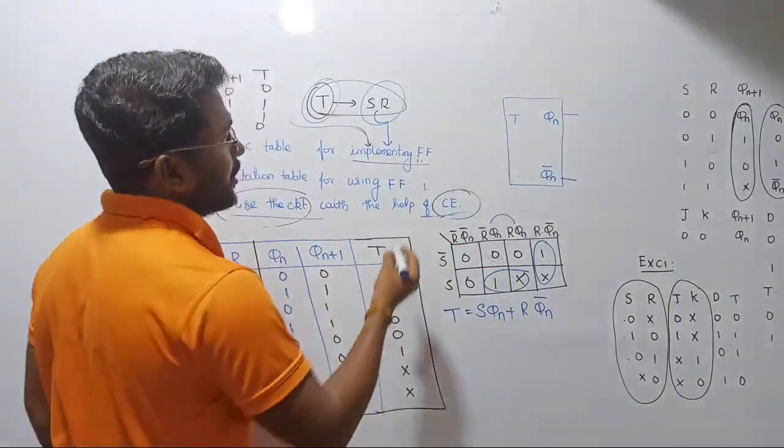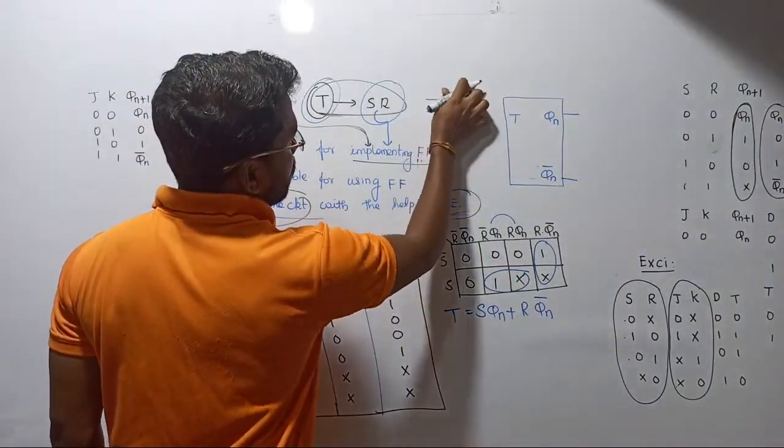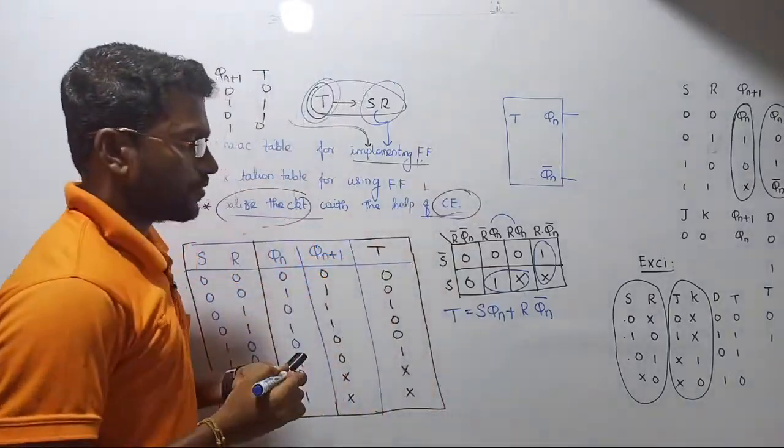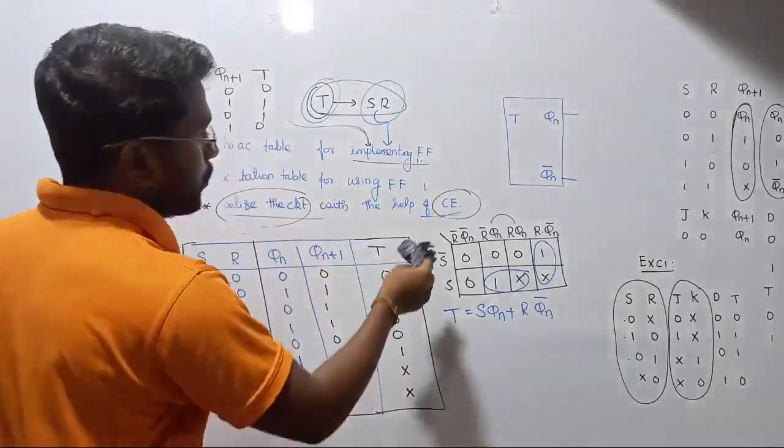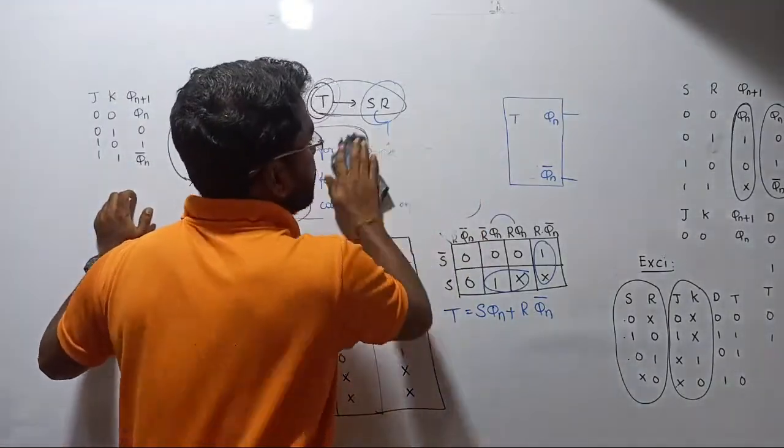What we need here, actually we have to use AND gate. Let me rub this portion because I hope here we need some space.